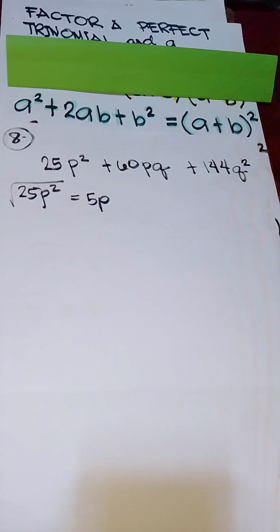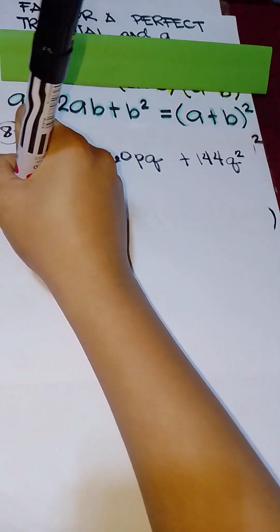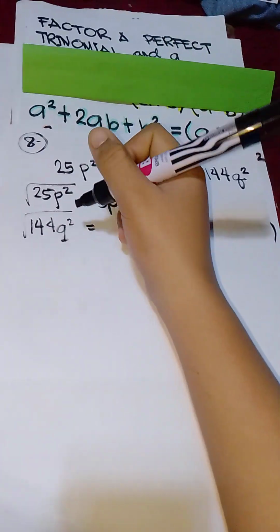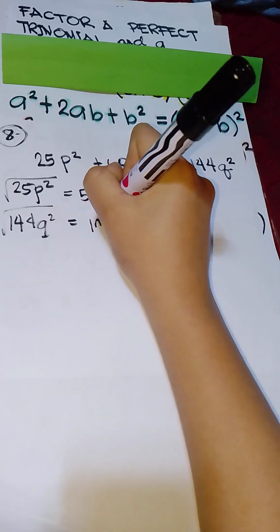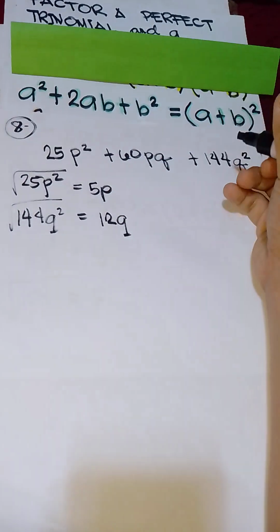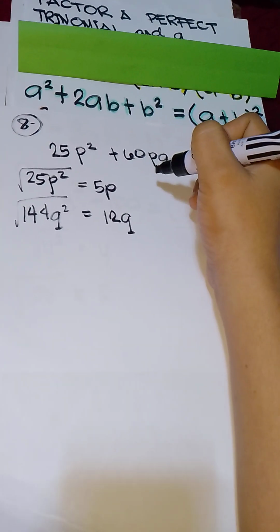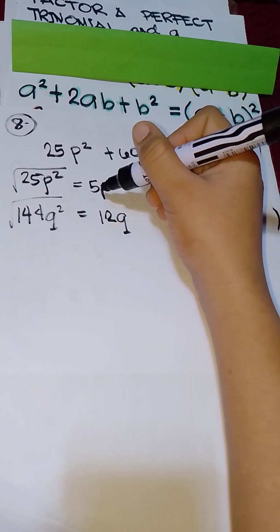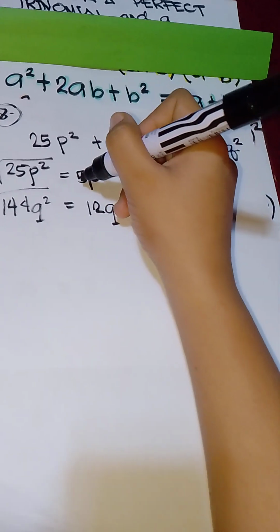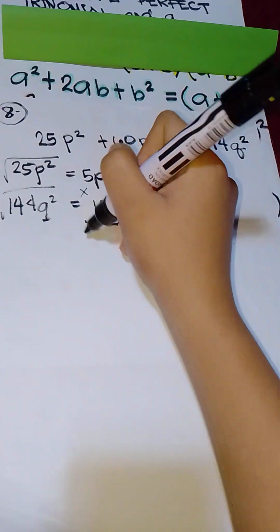And for 144q squared, the square root of this is going to be 12q. So let's multiply. If we're going to get the product of 5p and 12q, the result is 60pq.